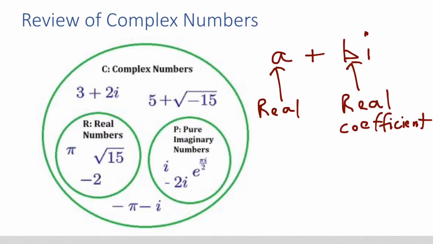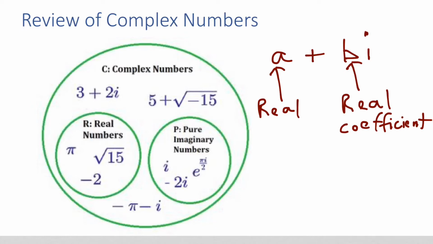So the form that a complex number is written in is a plus bi, where a is the real number portion, b is a real number coefficient of the imaginary piece of the complex number. So think about a complex number as being a combination of real plus imaginary parts.